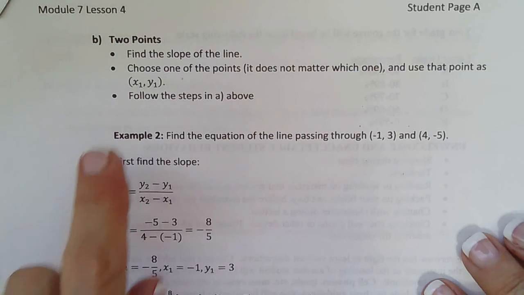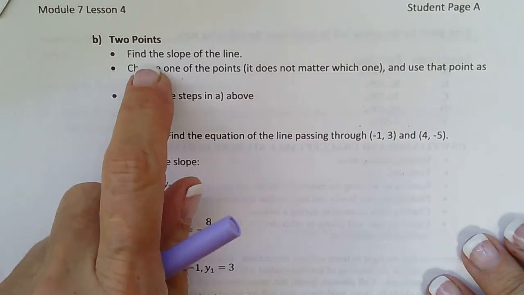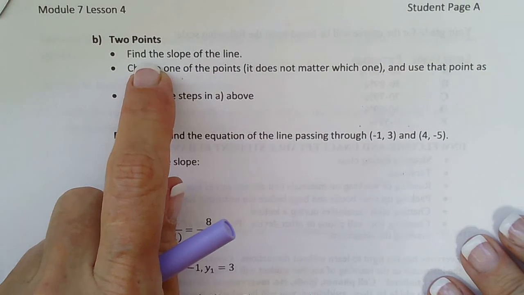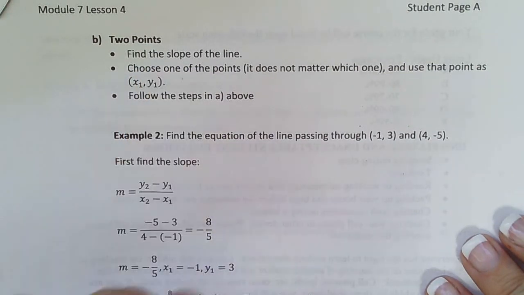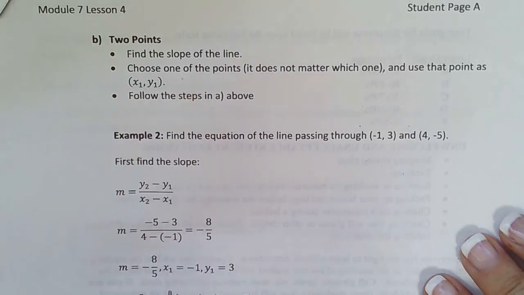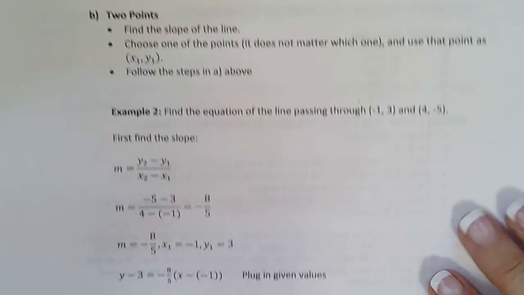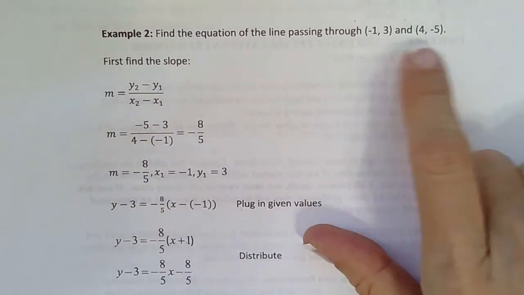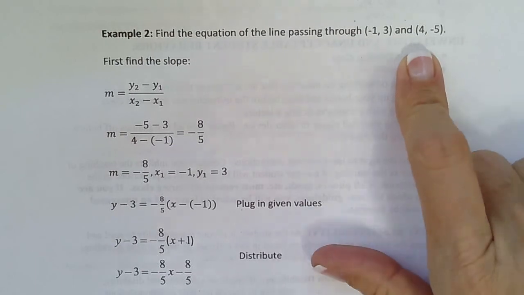So if they just give me 2 points, this adds on an extra step. I've got to find the slope first. So I still have an x1 and a y1, but I have to find the slope. Then I put my x1, y1 in, and then the rest is the same as the last problem. It appears to be a little bit longer because it has one step more, because if you're given 2 points, I first have to find the slope.